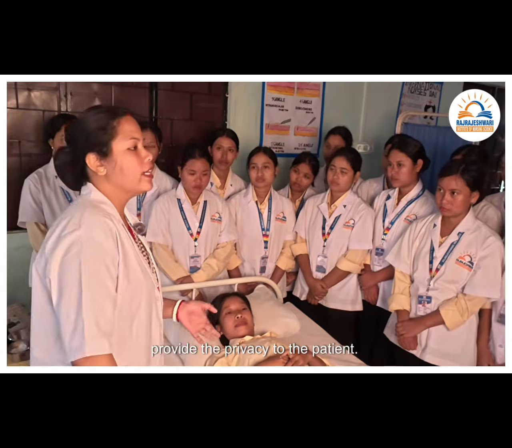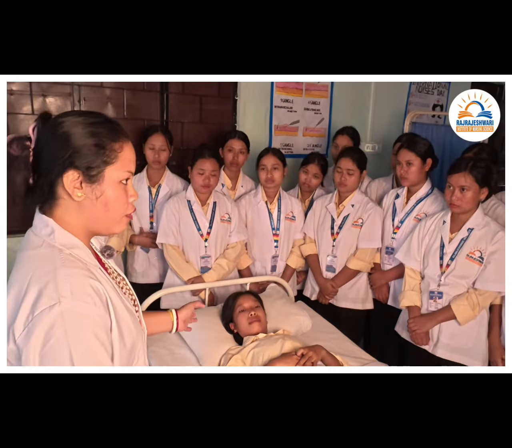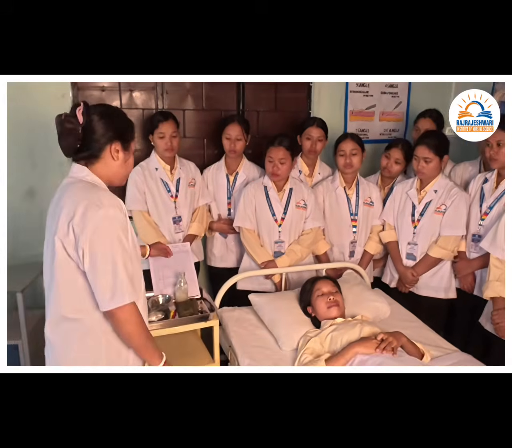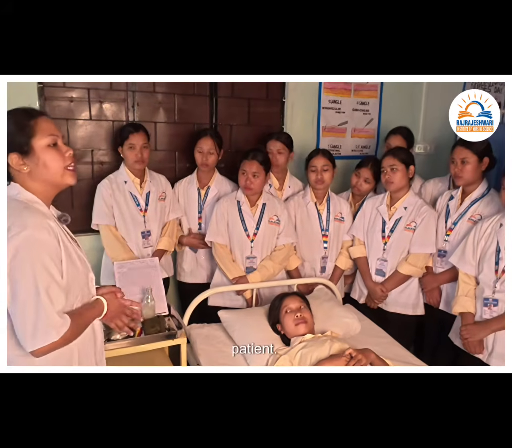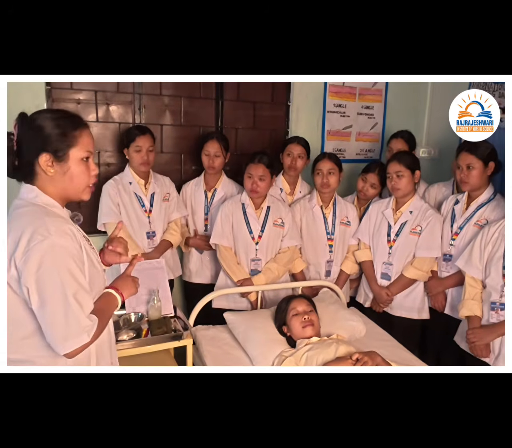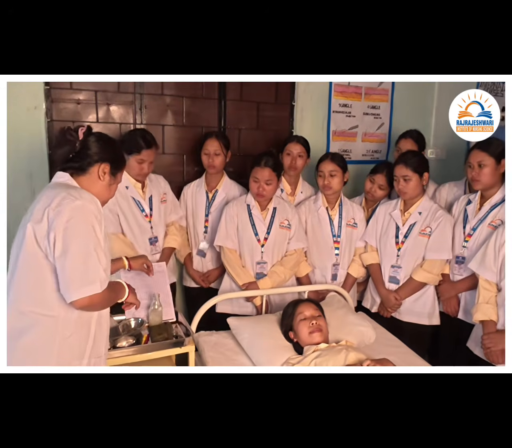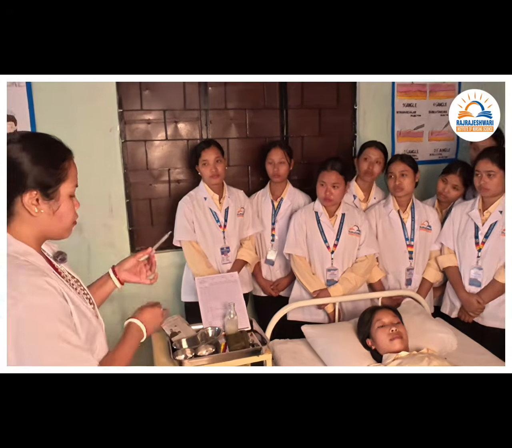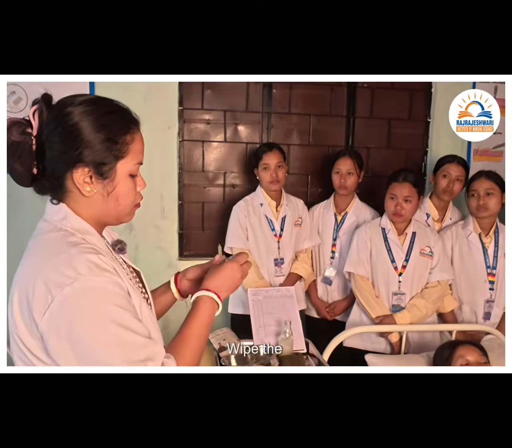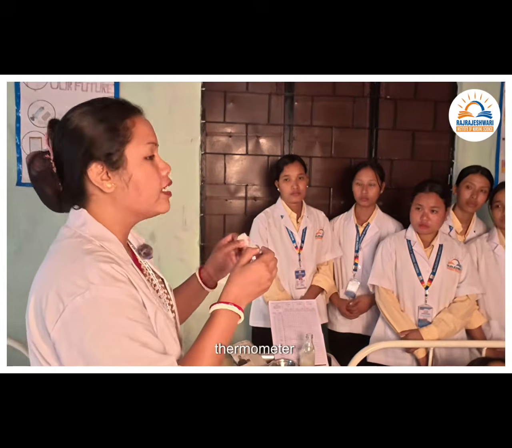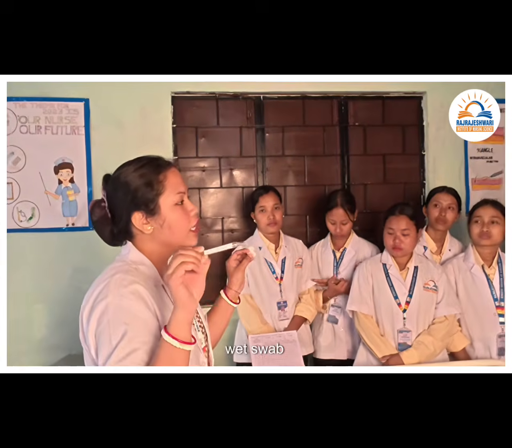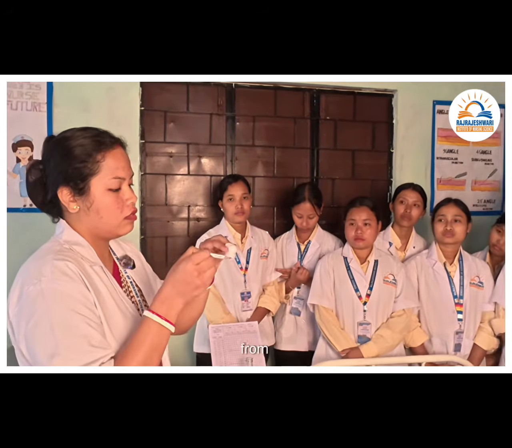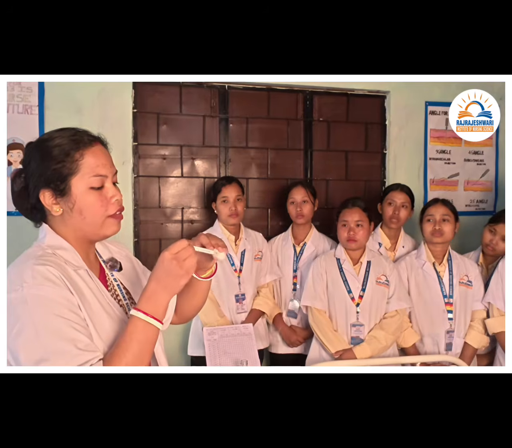I will provide privacy to the patient. Then first, I clean the axilla of the patient. Then I take the thermometer and wipe the thermometer with a wet swab in one stroke from bulb to stem lightly.